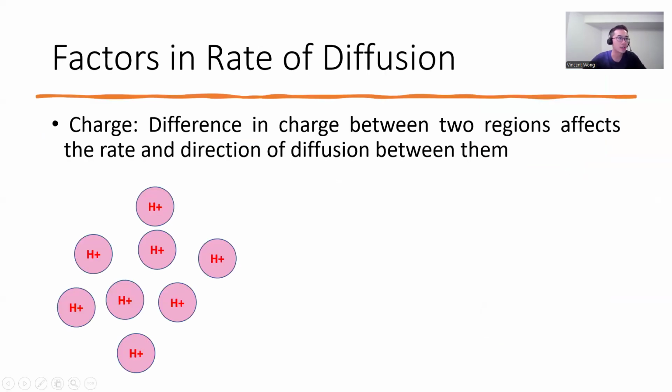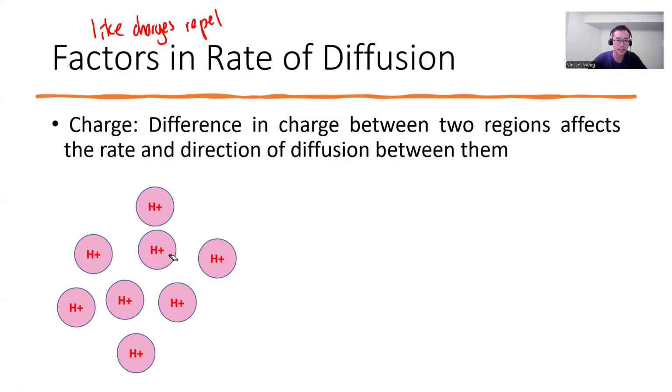The last factor that we will talk about that affects the rate of diffusion is the charge between the two regions, and the charge of the molecules that we're trying to move. The thing to know here is that like charges repel each other. If you have things that are positively charged close to each other, the positive and the positive are going to push each other away.